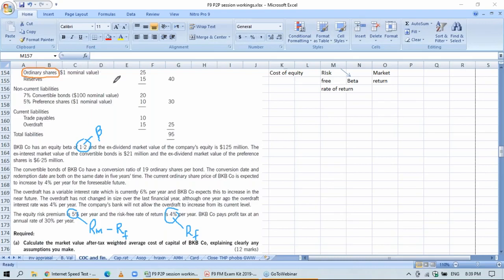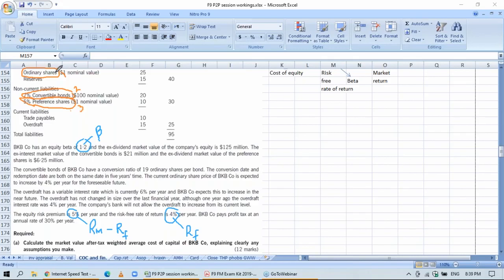From this source, the company has borrowed and obtained some money. It has also obtained money from convertible bonds. It has also obtained some money from preference shares. So these are the three sources from where the company has obtained funds, and we have to calculate what will be the cost of obtaining funds from these three sources, the average cost, the weighted average cost.